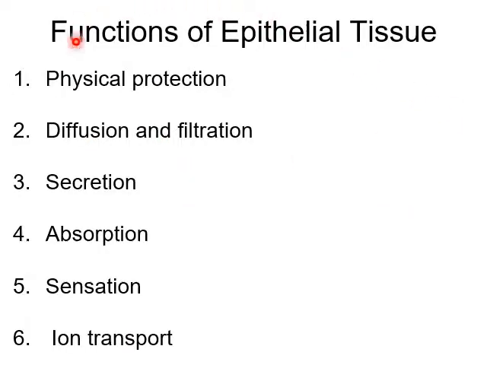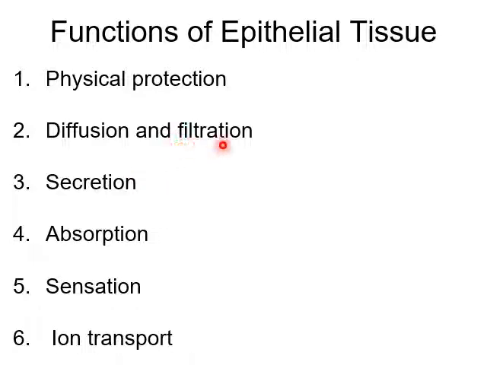What are some functions? Well, it gives us physical protection, like our skin, and it is the face to the outside world. It is the tissue that is exposed to the outside world. Your heart is not exposed to the outside world, but epithelial tissue covers the linings that face the outside world.